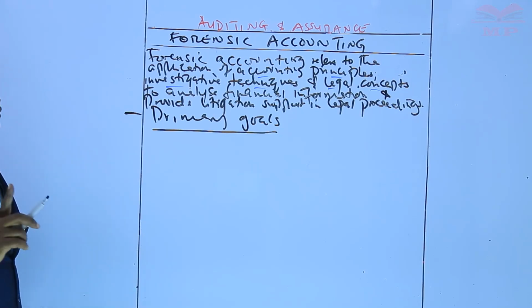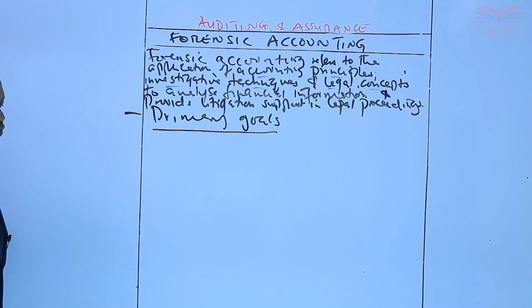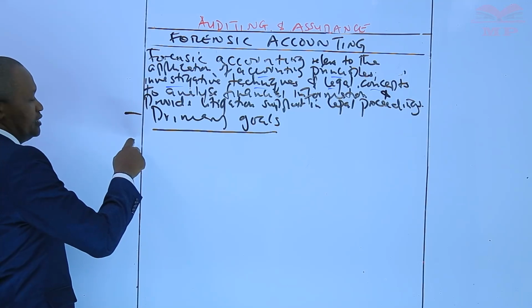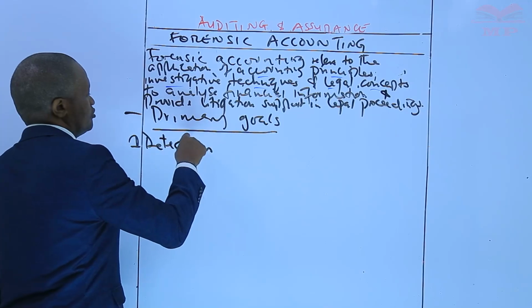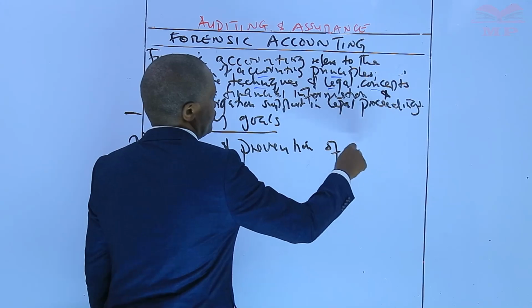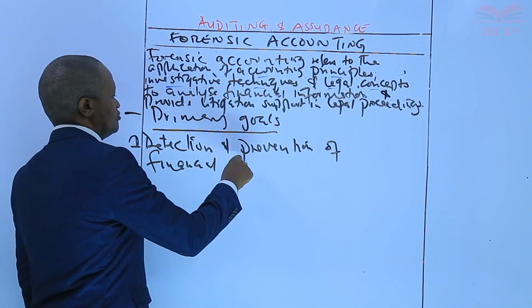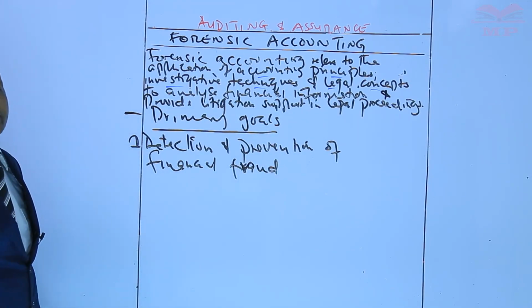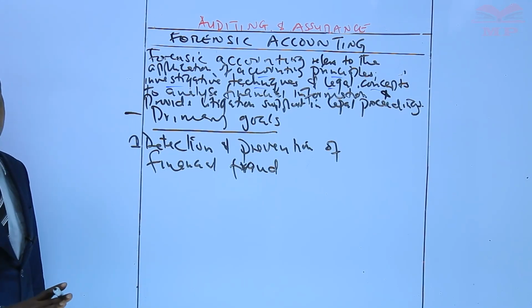Number one is detection and prevention of financial fraud. That is one primary goal of forensic accounting.